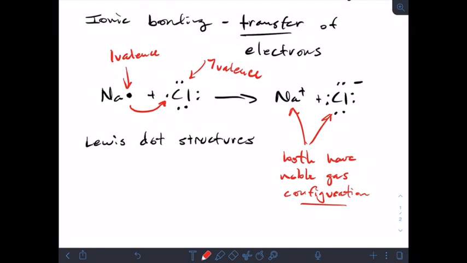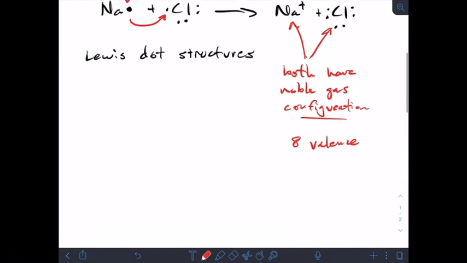And the sort of defining characteristic of a noble gas configuration is 8 valence electrons. 8 valence electrons is the important thing. This is referred to as the octet rule. Okay? 8 is a very stable place to be. To have a full S shell and a full P shell, to have 8 valence is a particularly stable place to be.